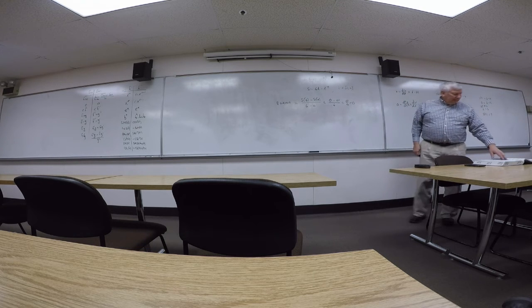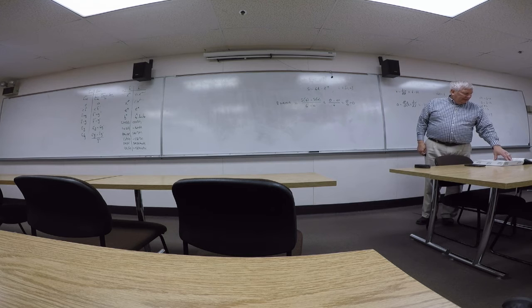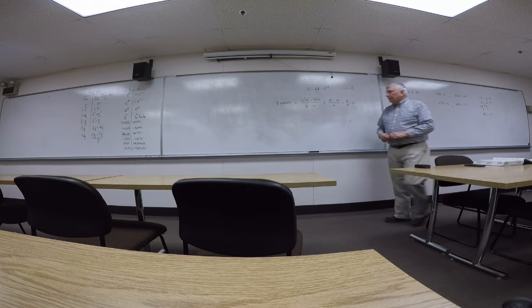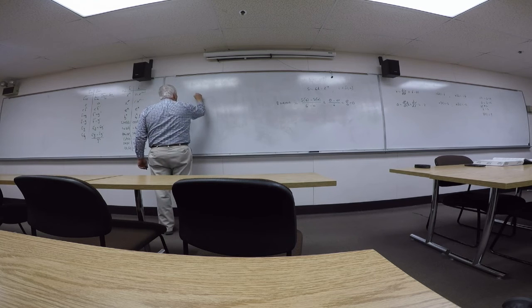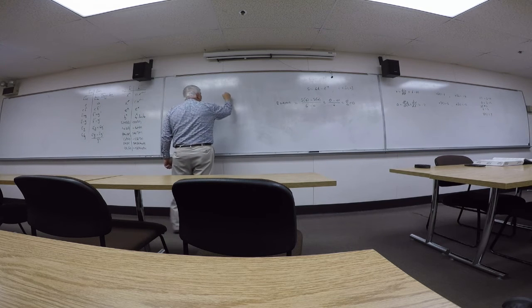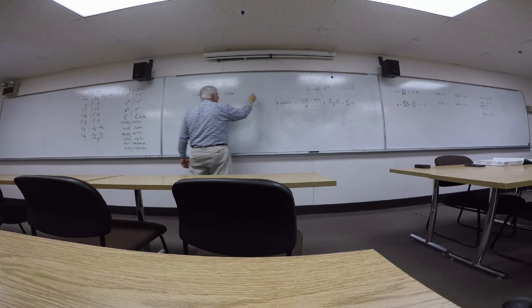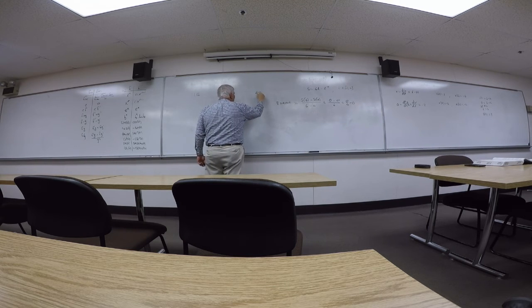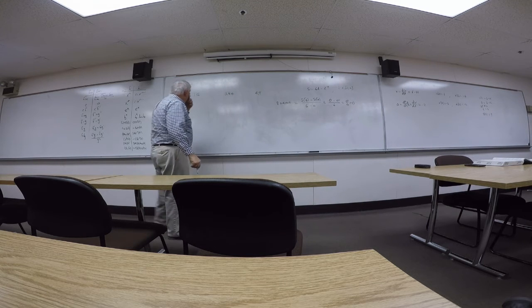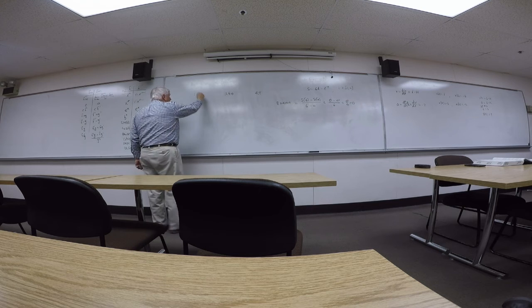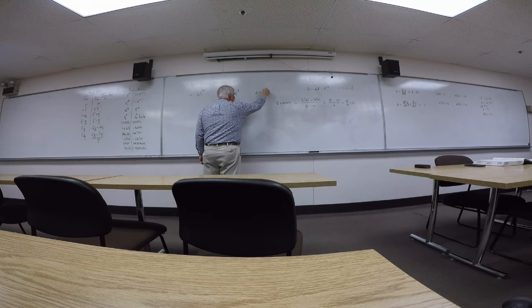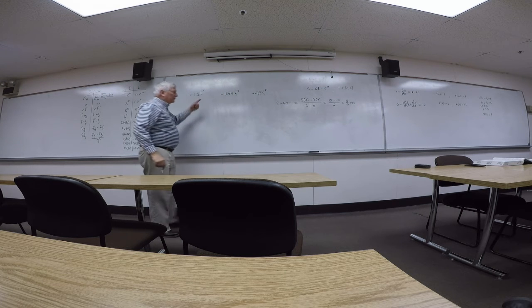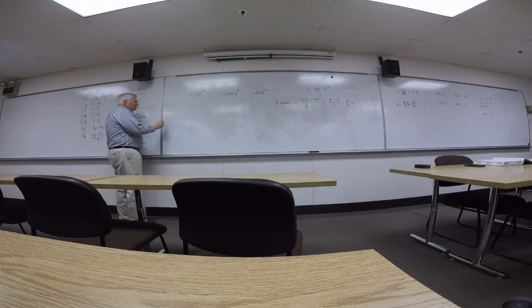Let's see. 1.86, 11.44, and 4.9. Okay. T squared. These are all of the equation form.